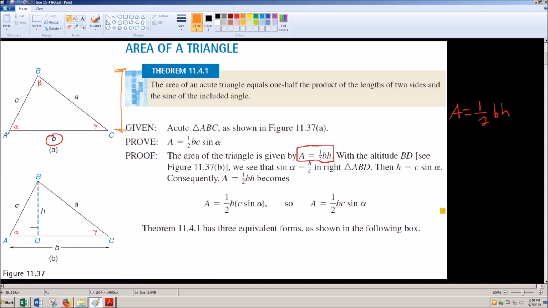Keep in mind, it is not C and it is not A. So I want to drop an altitude down. This is the height of my triangle right here, from B to AC, and it intersects at point D. This point D has a perpendicular intersection with AD and BD, so a 90-degree angle gets created here as the altitude drops down.